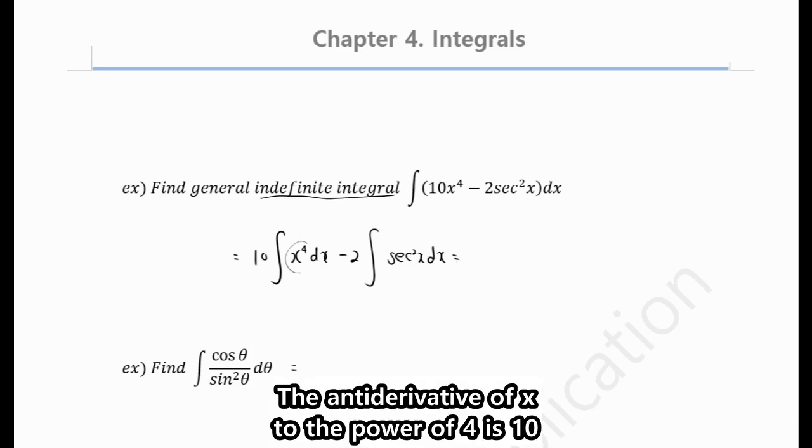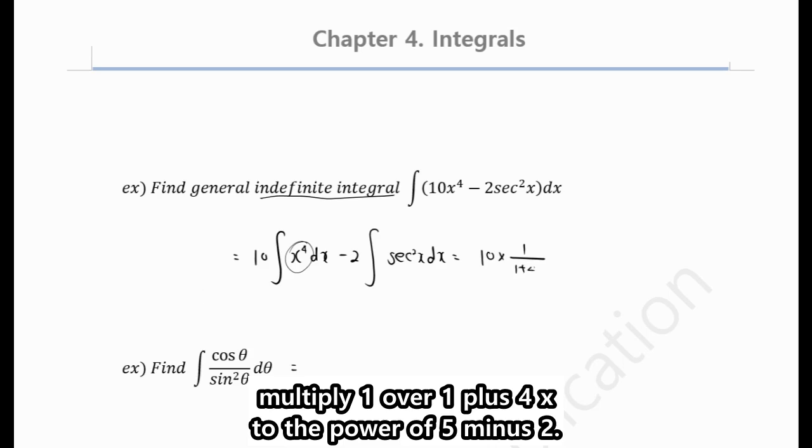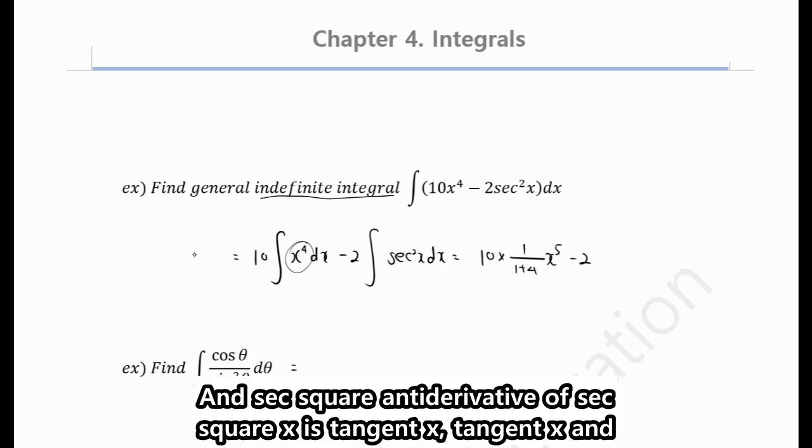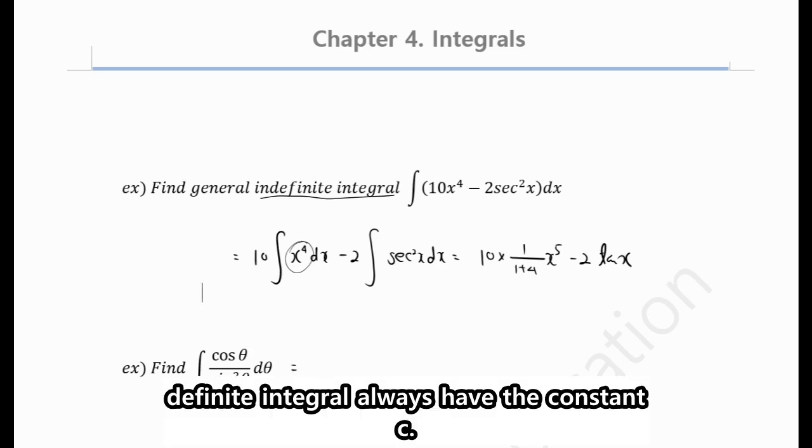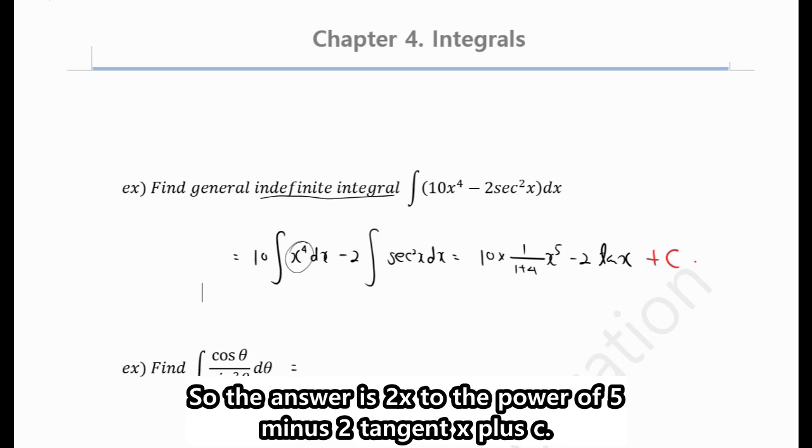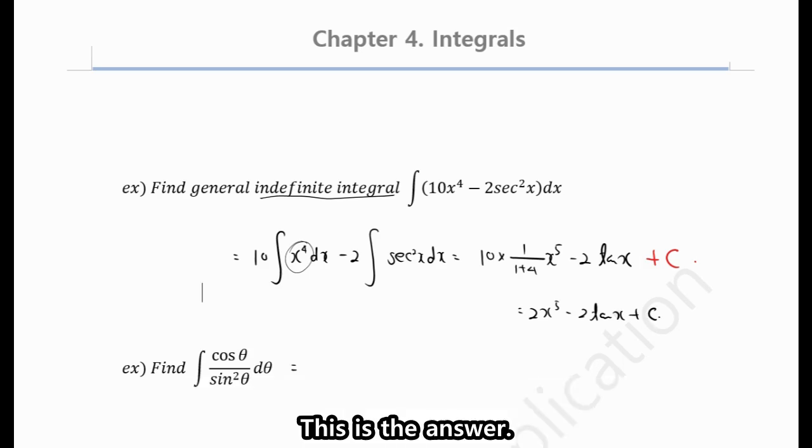The antiderivative of x to the power of 4 is 10 multiplied by 1 over 1 plus 4, x to the power of 5, and minus 2 times the antiderivative of sec square x, which is tangent x. An indefinite integral always has the constant C. So the answer is 2x to the power of 5 minus 2 tangent x plus C. C is a constant. This is the answer.